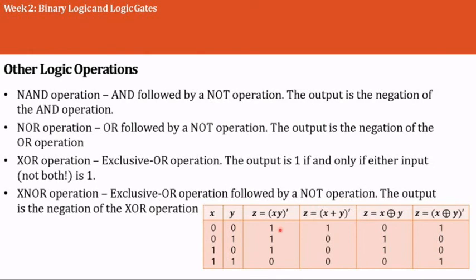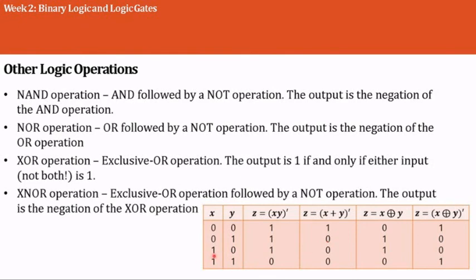Another is the NOR operation, the opposite or negation of the OR operation. Let's say we have 0 or 0 is 0. The complement of 0 is 1. Next, 0 or 1 is 1, and the complement of 1 is 0.